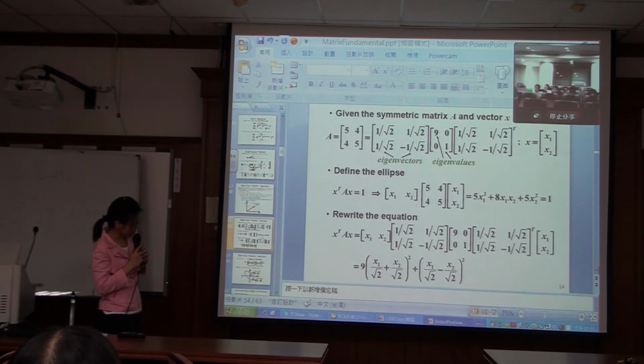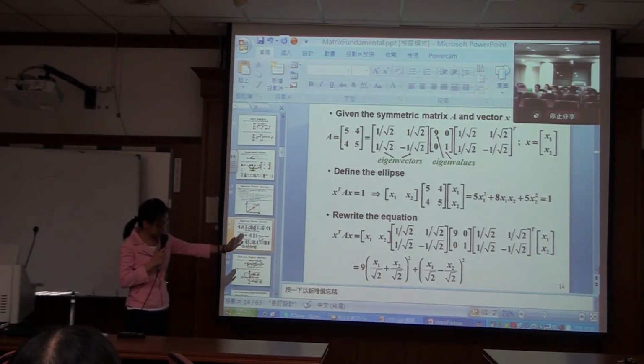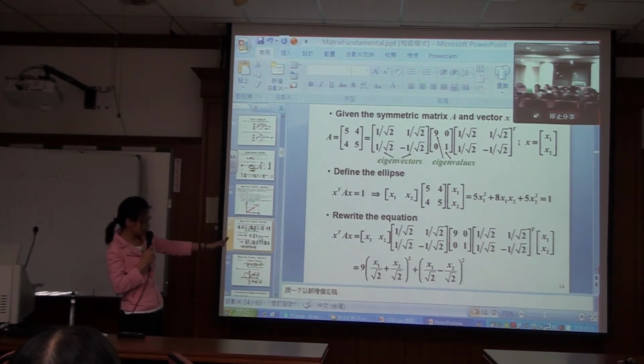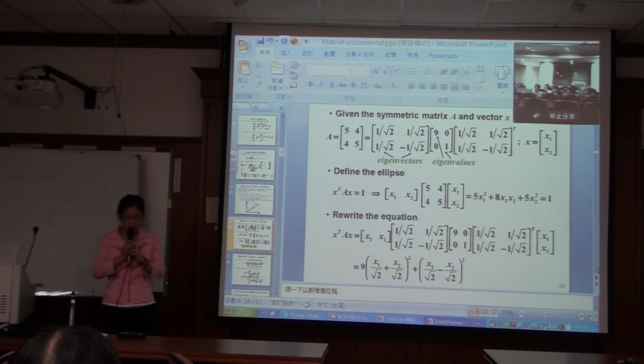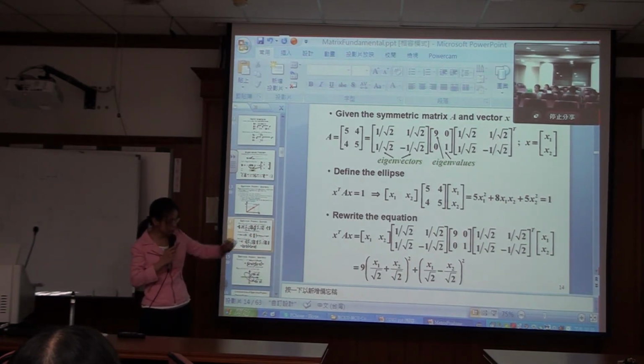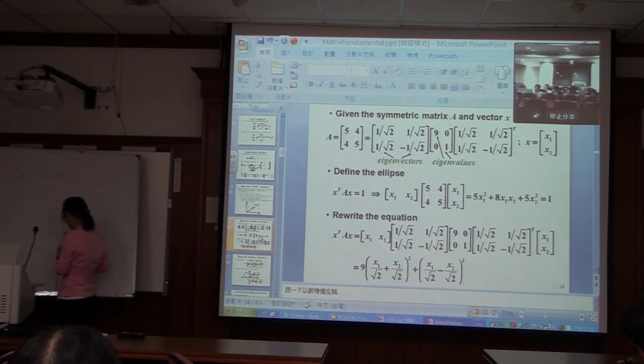We know that orthogonal diagonalization will be P times D times P transpose. Then we can look at P transpose times x1, x2 as our new vector y1, y2.